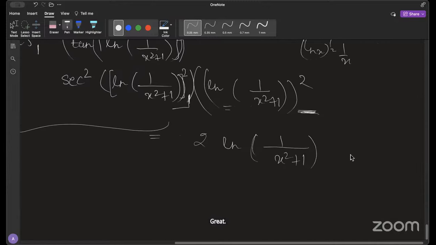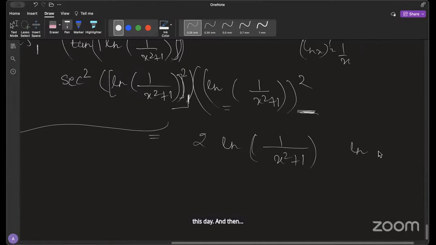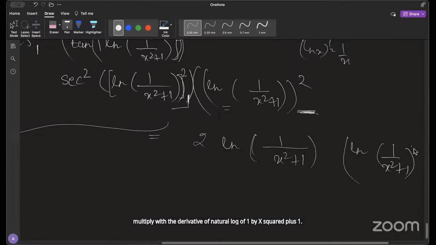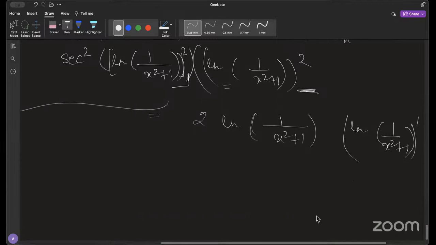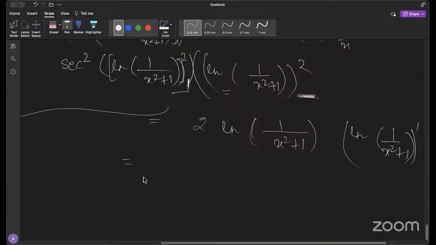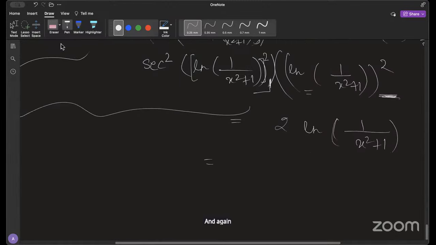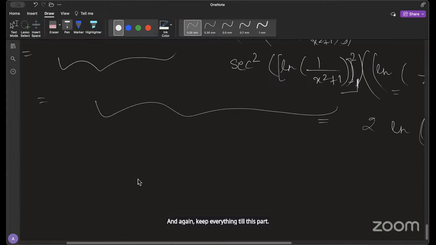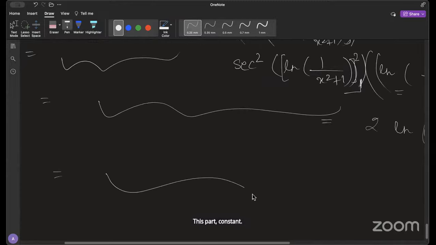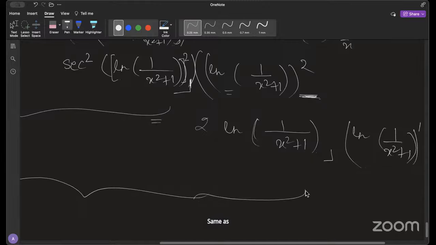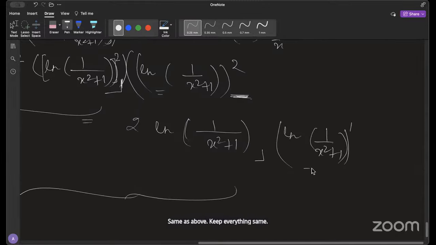This thing. And then multiply with the derivative of natural log of 1 by x squared plus 1. Again, keep everything till this part constant. Constant means same as above. Keep everything the same and come to the derivative of this one.